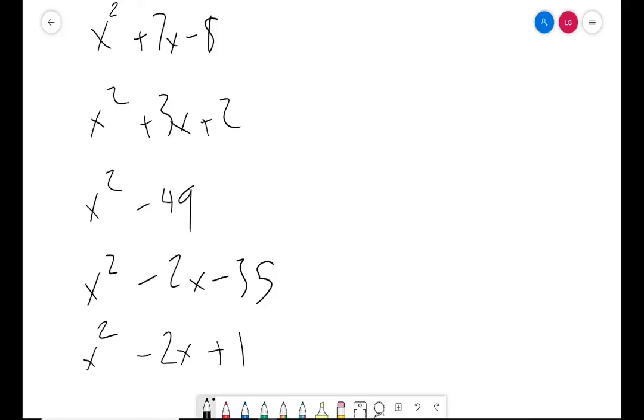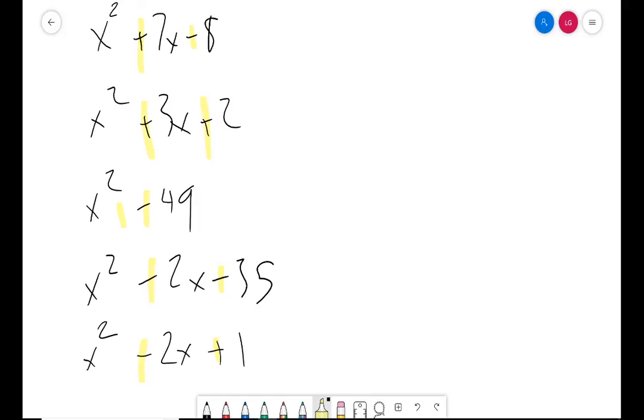So what I want to do is highlight some of the differences. For example, plus x terms, minus x terms, and no x terms, minus constants, plus constants, the x to the 0 term.